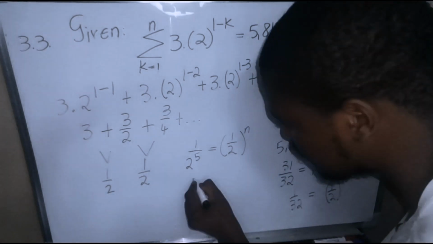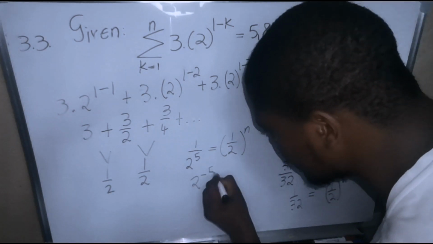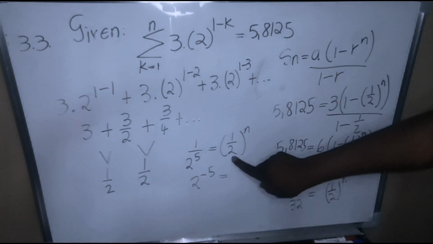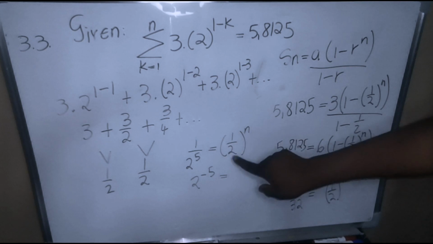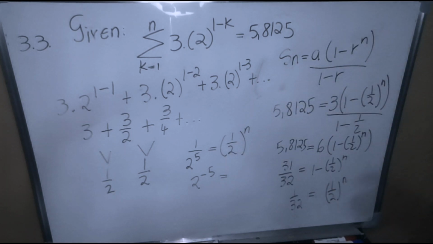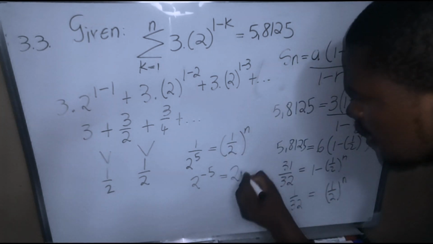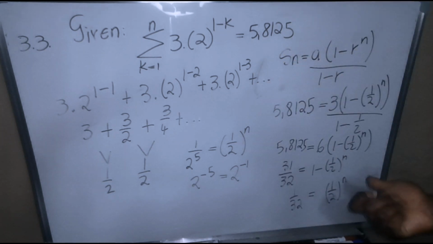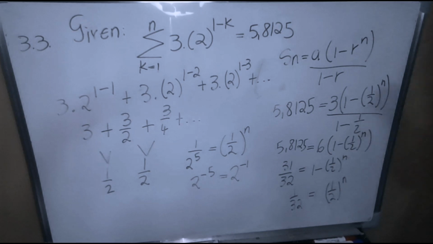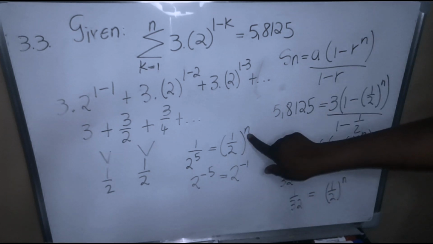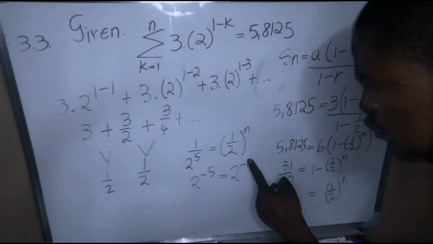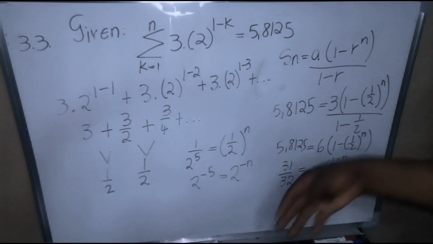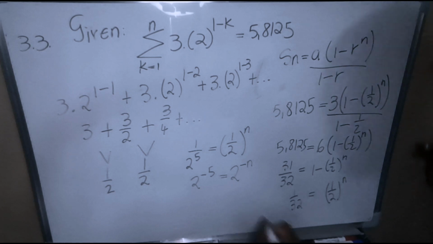So I'm going to have 2 to power negative 5 equal to the very same thing I'm going to do on this part. 1 over 2, its inverse is 2 to power negative 1. 2 to power negative 1 is the same as 1 over 2. I didn't change anything. Then this negative 1 times n is negative n. Then when bases are the same, I equate the exponents.